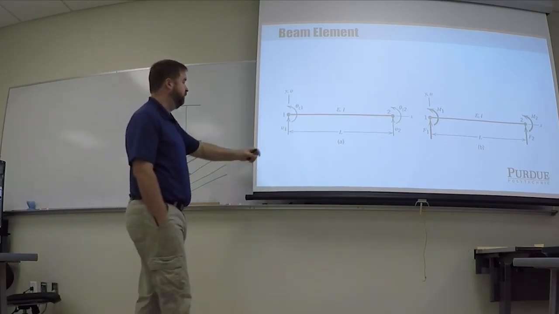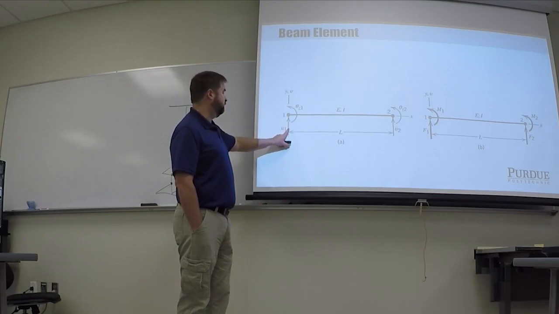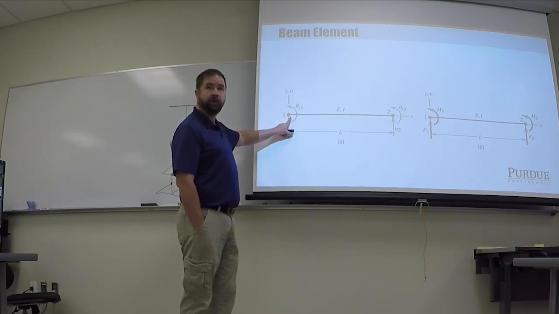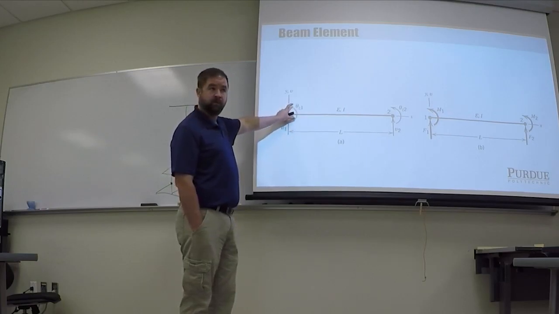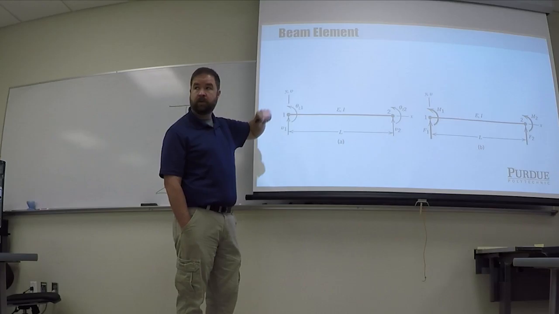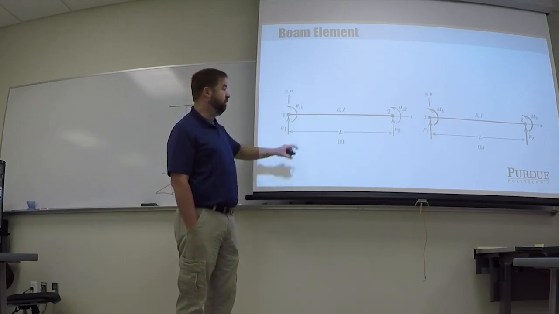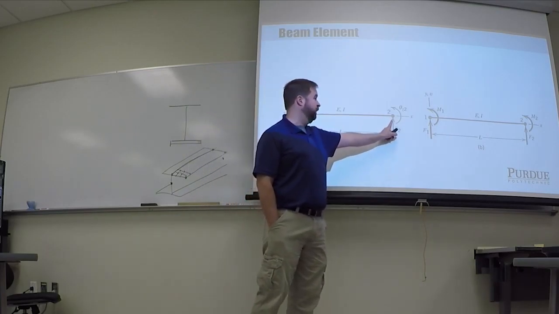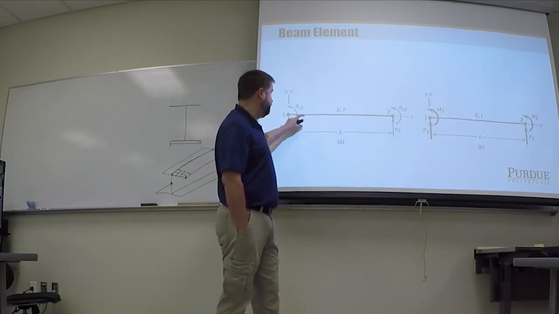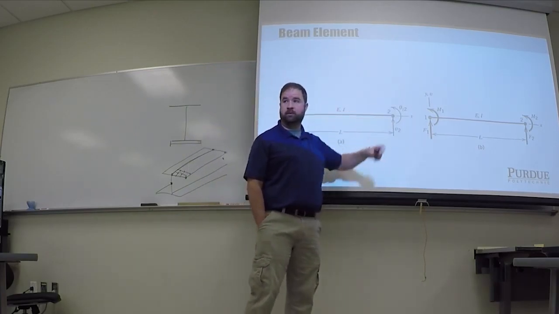This has displacements that are perpendicular to the axis of the element, and it has rotations. So the simplest beam element, each end can displace perpendicular to the axis, and each end can have a rotation corresponding to it.